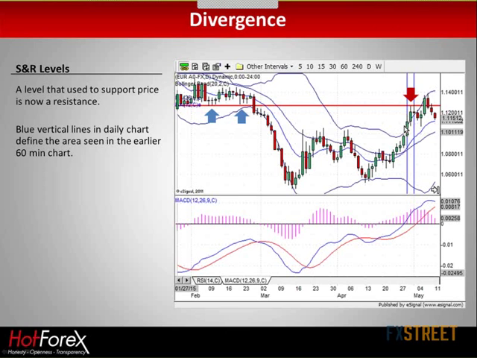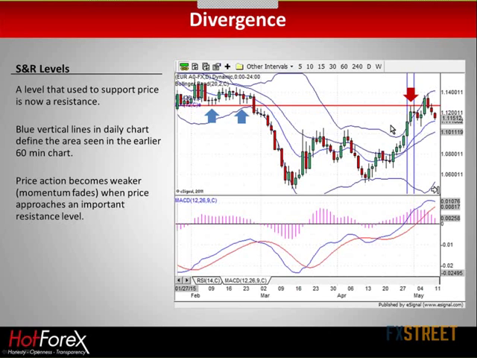So, what causes the divergence to appear? I'll tell you. The reason for divergence appearing here is that the price action is happening closer and closer to this important resistance level.